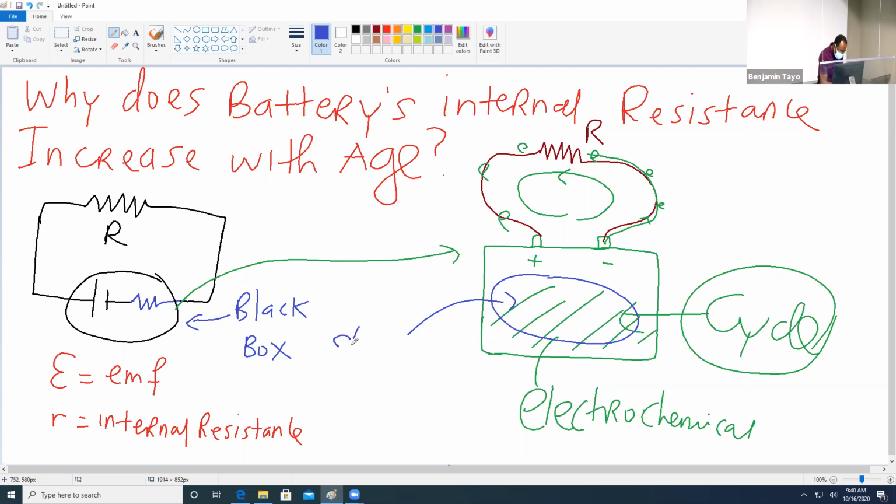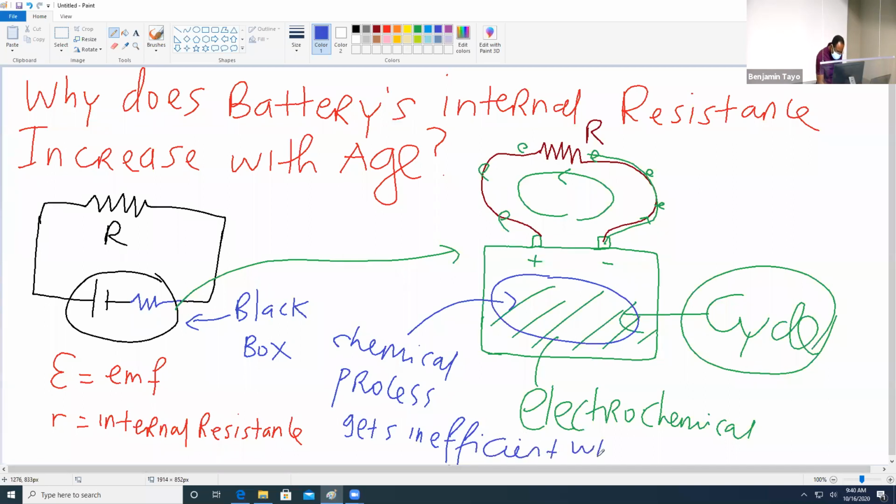the chemical processes, as you're using your battery, right, the efficiency of the chemical processes that are responsible for moving those electrons in the loop is going to get weaker and weaker over time.